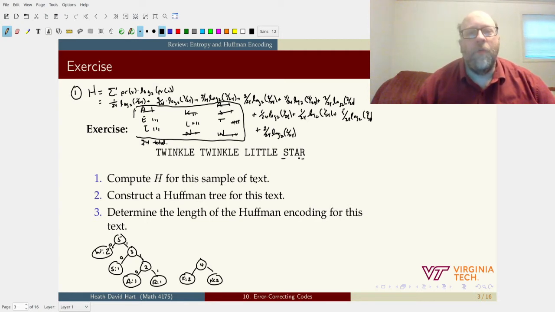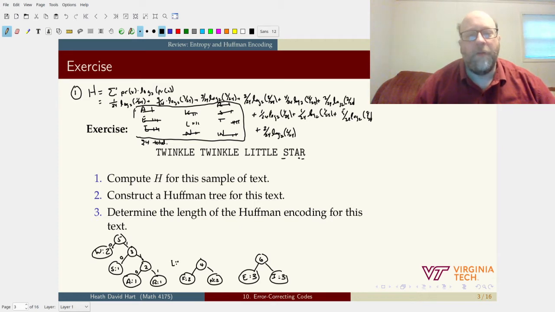So now I have 2 more items with a weight of 3. That's the E and the I. So I'll break them alphabetically. Put E on the left, I on the right. And now they have a combined weight of 6. All right. I have 2 things with a weight of 4: this L and this parent here.